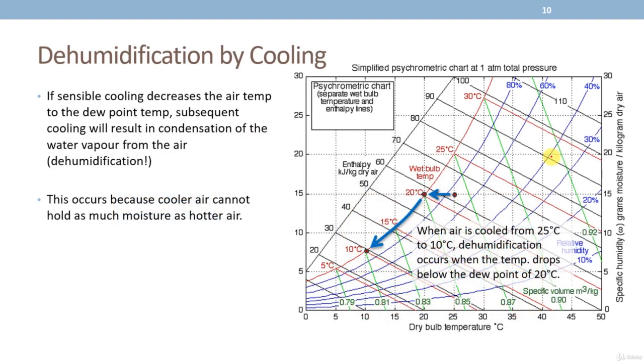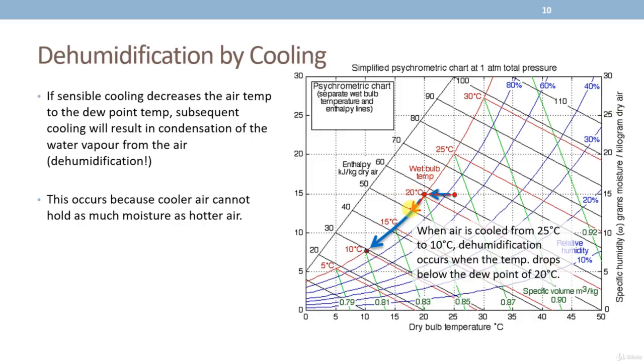So in the psychrometric chart, how will it look? For example, if you have 25 degrees Celsius air and 70% RH, if you start to do sensible cooling, it will start to move towards the left. Once it reaches dew point, in this case the dew point temperature is 20 degrees Celsius, and you continue to cool it down further, it will start to move down this 100% saturation line, because it cannot move further to the left anymore.